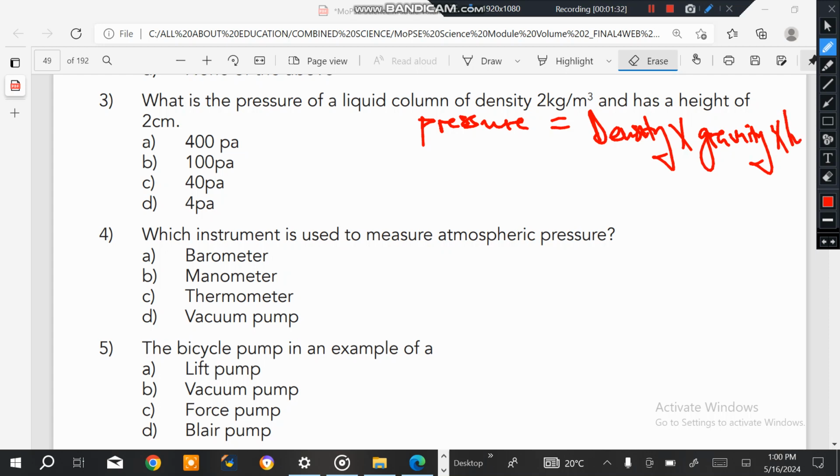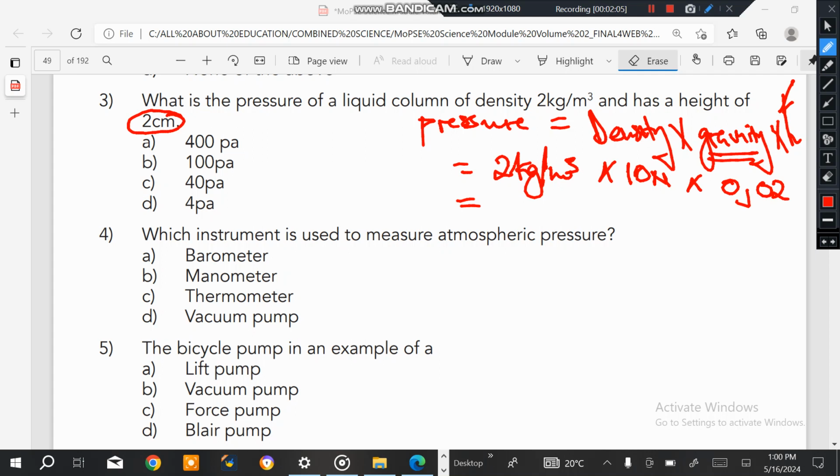I told you that your height must be in meters, which means you have to convert the height here to meters. What is our density? 2 kg per cubic meter, times gravity. If not given, I told you to use 10 Newton, times the height, if you divide by 100, you get 0.02.